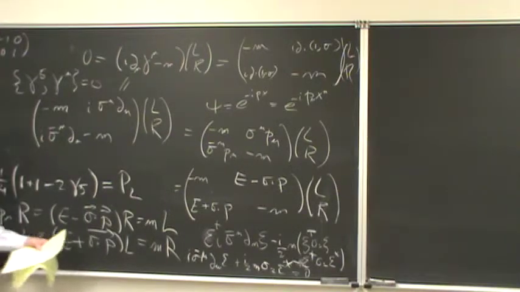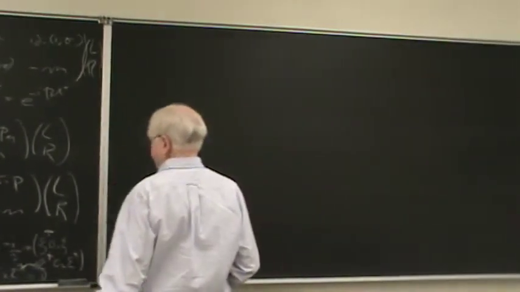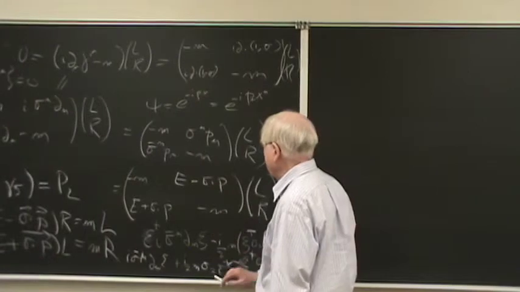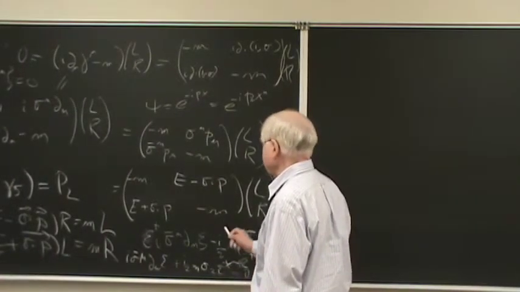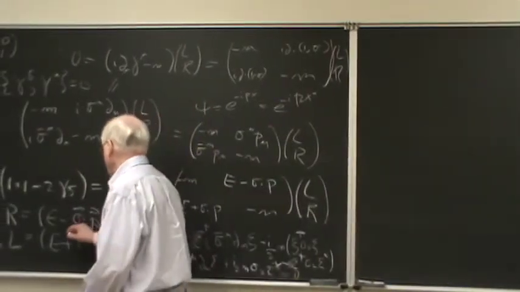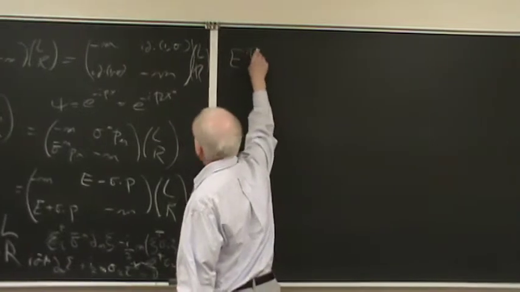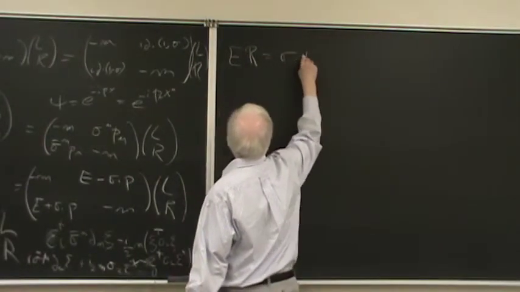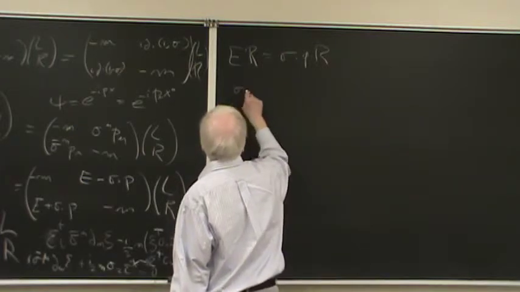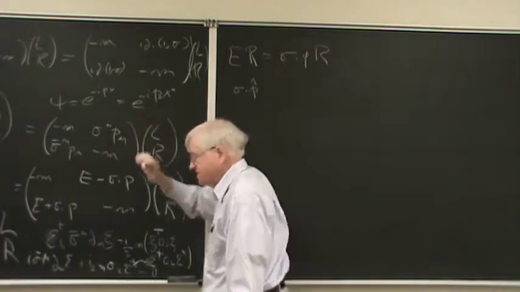Okay, now, as I pointed out when I was doing this last week, in the case m equals 0, this equation is, for example, E R is sigma dot P R. And that is saying that sigma dot p hat, this is for the massless case, so E and P are the same.